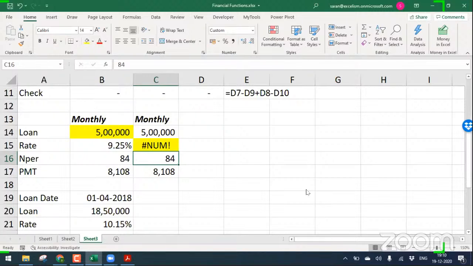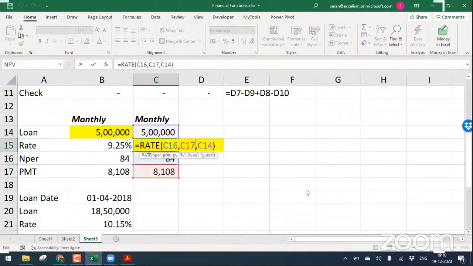See, I already told you, if this is positive, this must be negative. If this is negative, this must be positive. But in the formula what I have written, PMT is positive, PV is also positive. Excel says, I do not understand what you're trying to tell. Either you put this negative or you put this negative, then Excel understands.